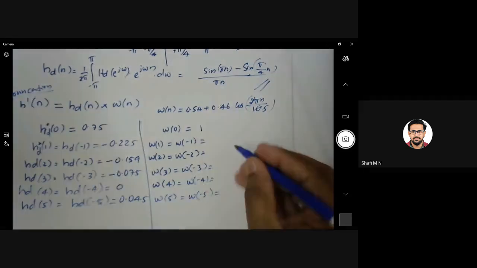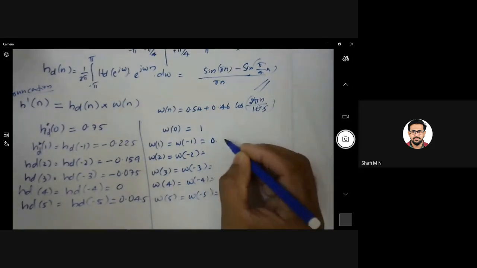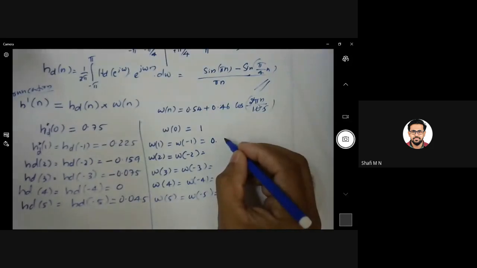Someone please tell me the first value. Anyone? Roll number 34.